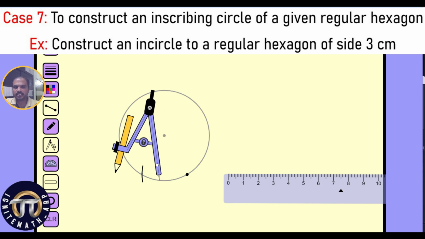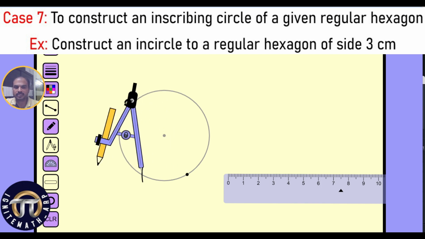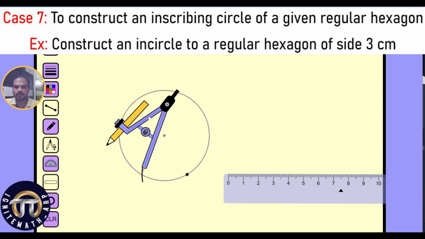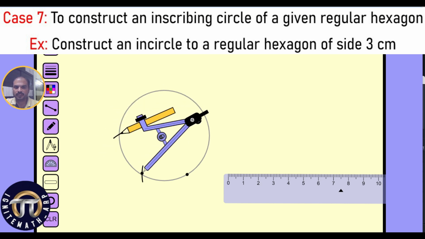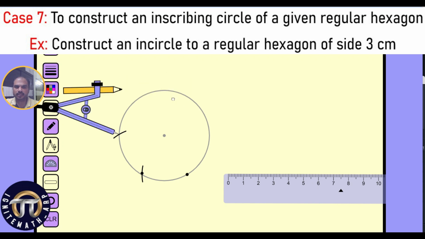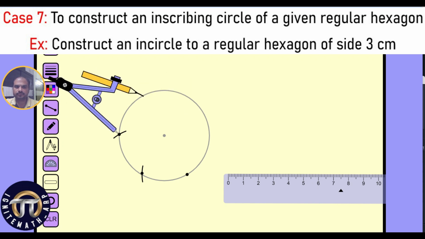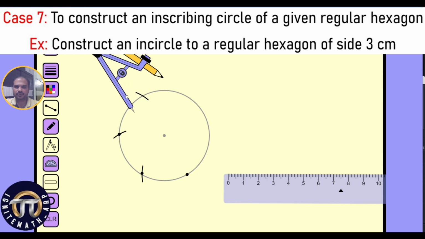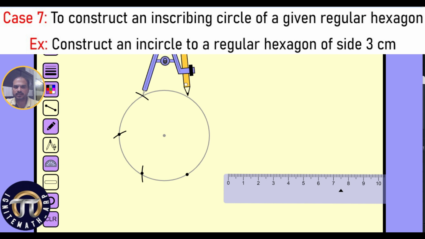To get the hexagon properly, I'm constructing the circle first, and just like the previous method, I'm constructing the hexagon here.